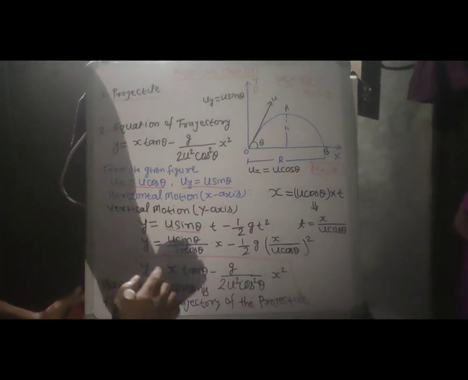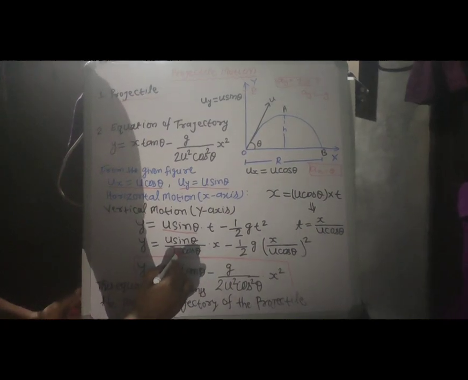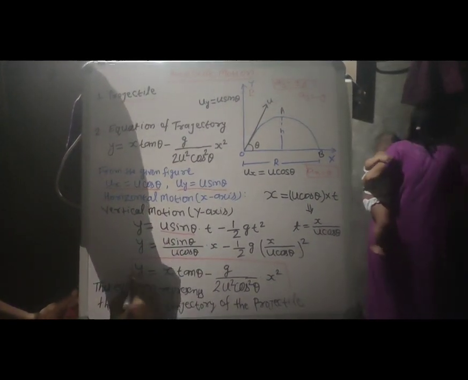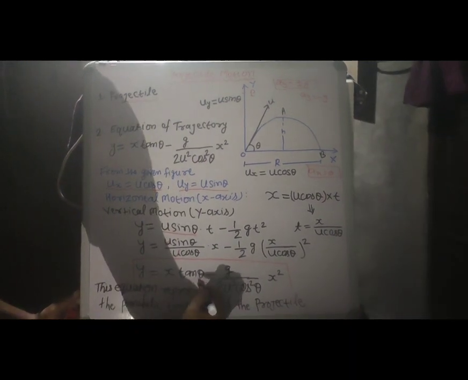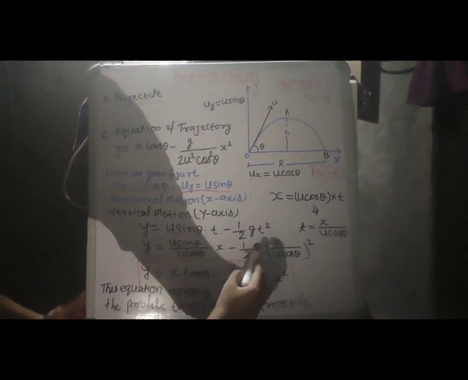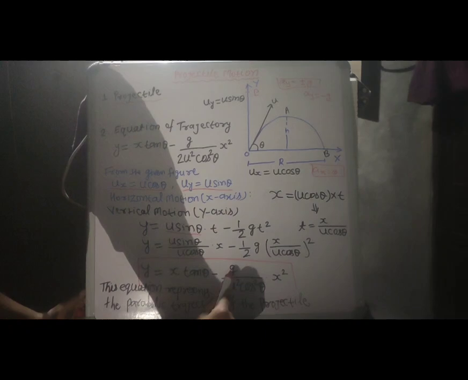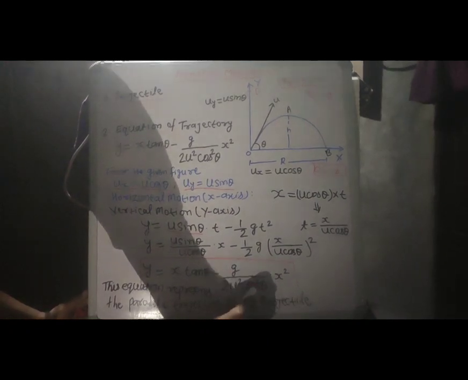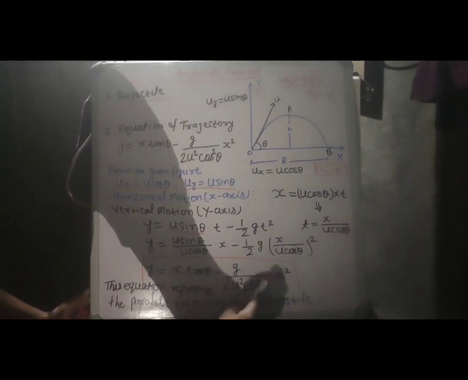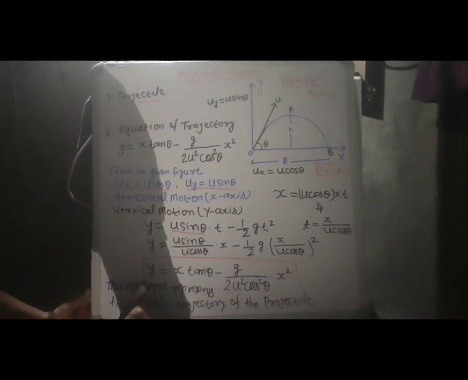Now we cancel u, and sin theta upon cos theta is tan theta. So y equals x tan theta minus, after squaring this value, g upon 2 u square cos square theta into x square. This is the final equation of the trajectory.